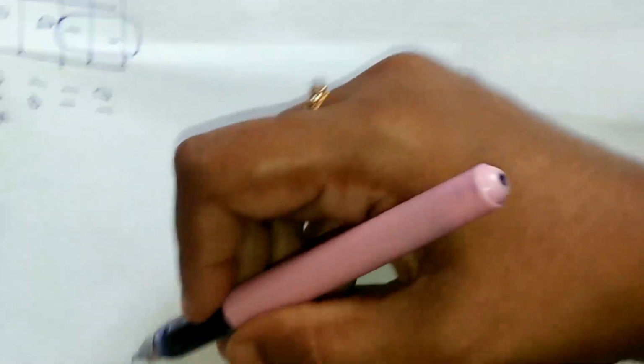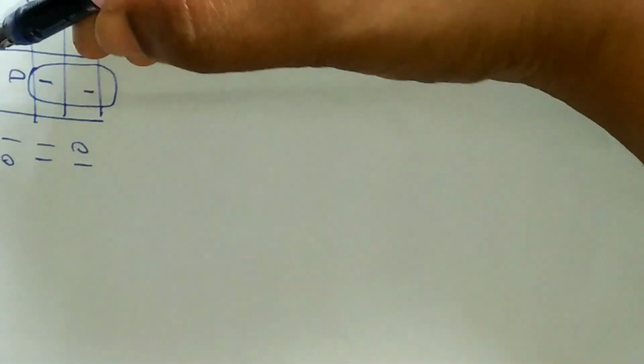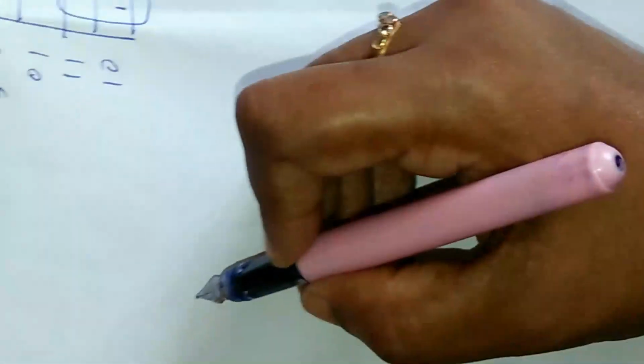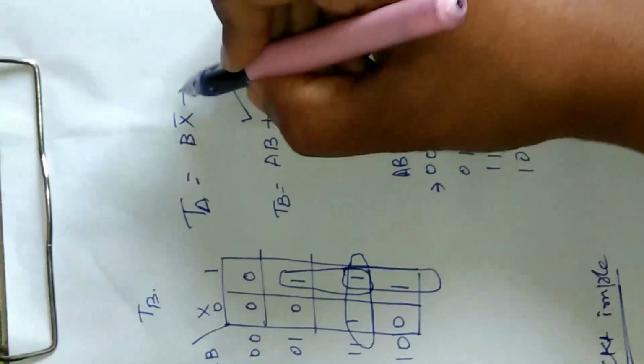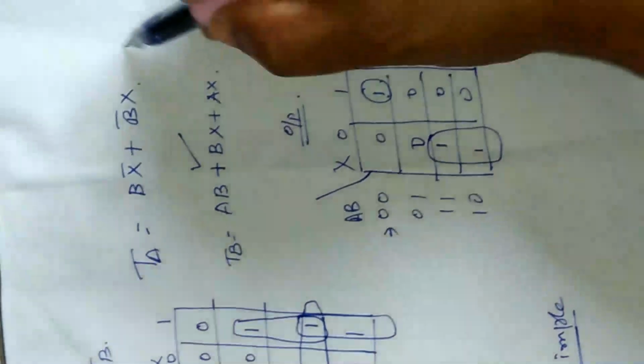The last step, now that we have got the expressions, is the circuit implementation. Okay, now using the input expressions and the output expression, let me draw the logic diagram.